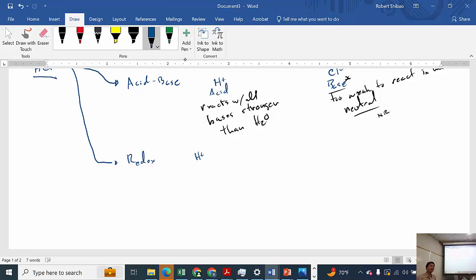Left side. Left side is the oxidizers or reducers? Left side is the oxidizers. So H plus is an oxidizer. It's an oxidizing agent. And will it oxidize everything in the universe? No. What is it going to oxidize? Not everything in the universe.